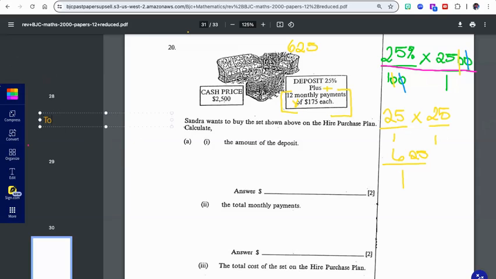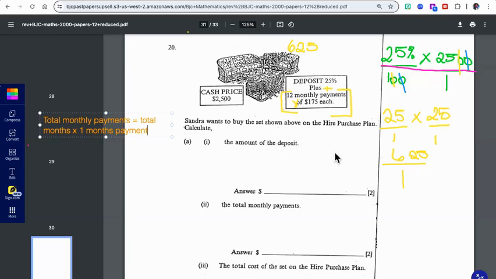Total monthly payments equals total months multiplied by 1 month's payment. See there, it says 12 monthly payments of 175 each. So the total monthly payments will be total months multiplied by the 1 month's payment.